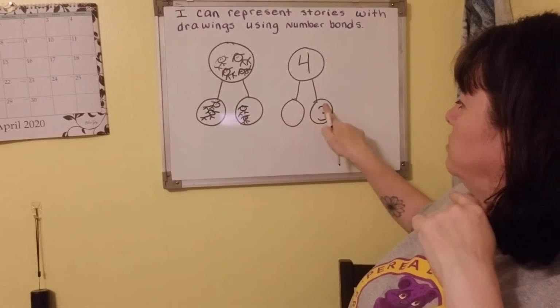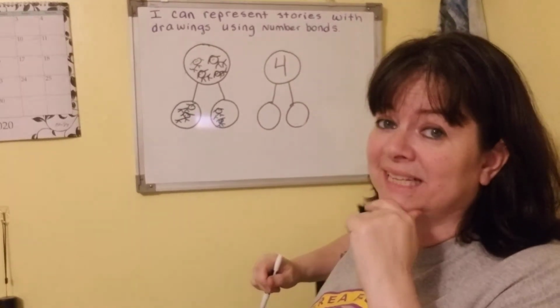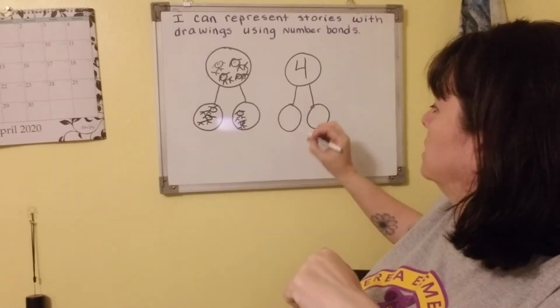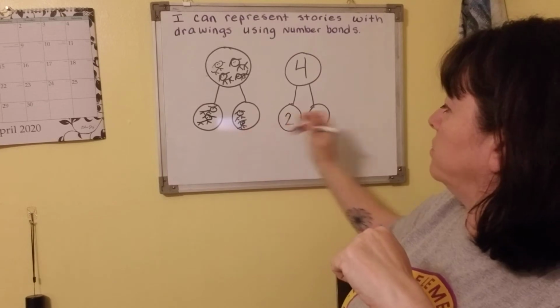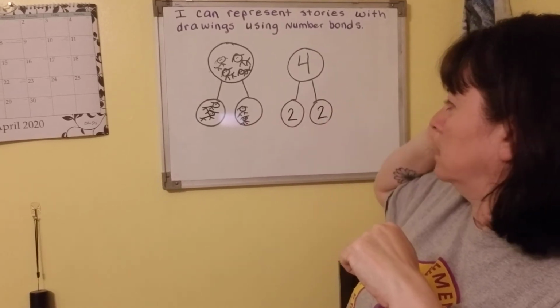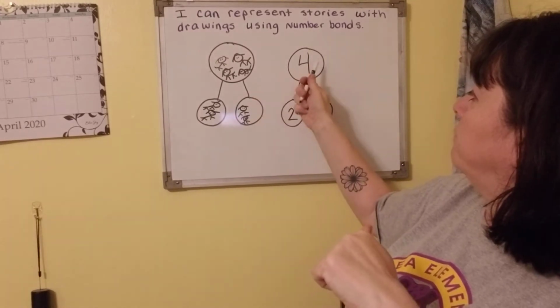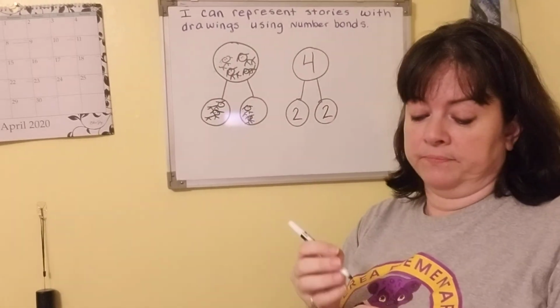So I have to change this, right? Is it still going to equal 4? Yeah. I didn't get rid of any dogs. I'm just resorting them, okay? So I have 2 puppies and I have 2 old dogs. And that's actually a very interesting mix. So this is the same as that, okay?